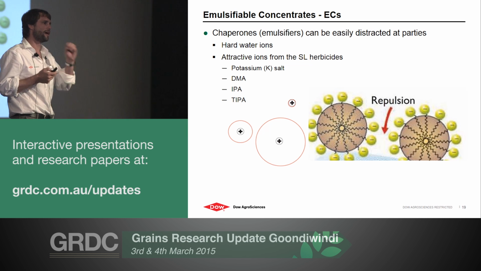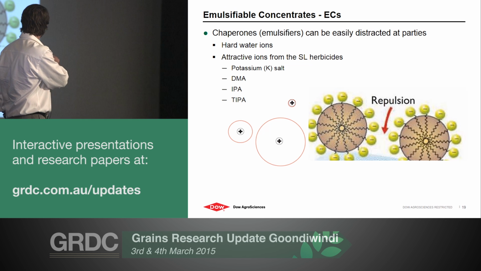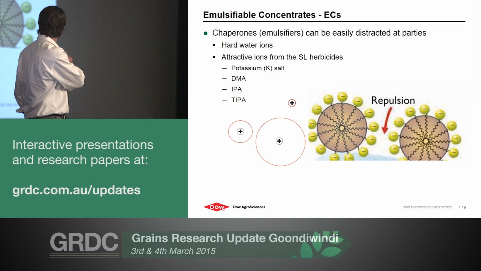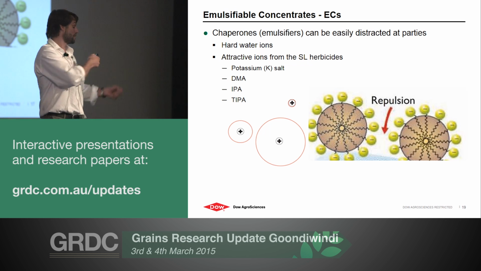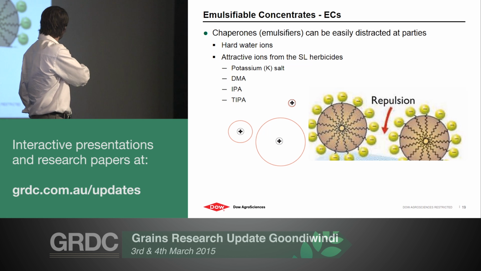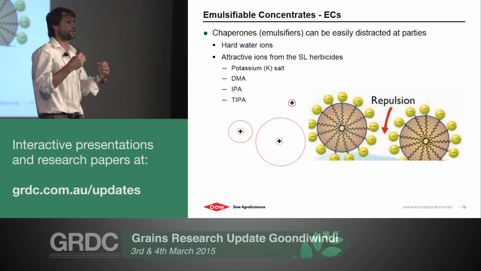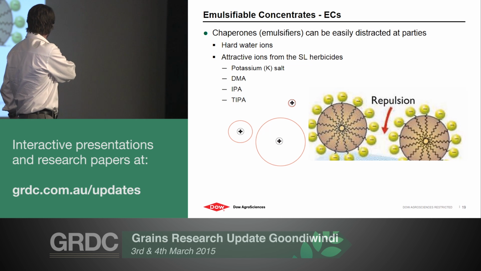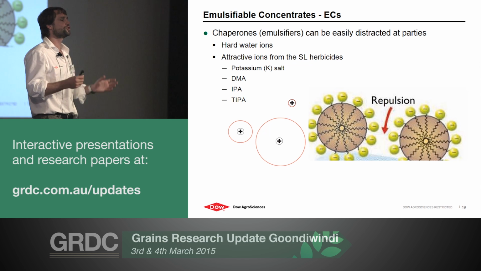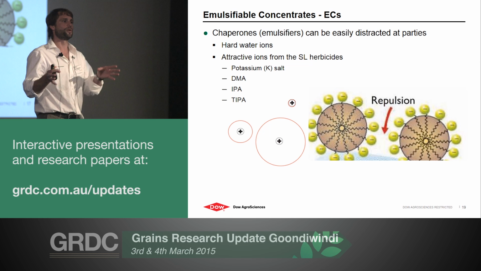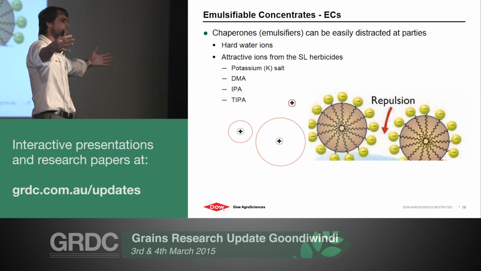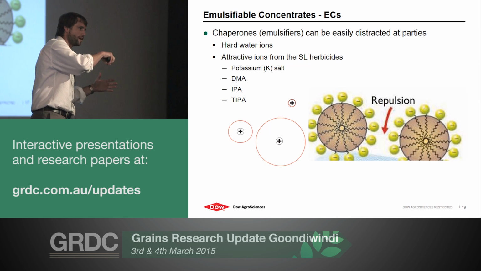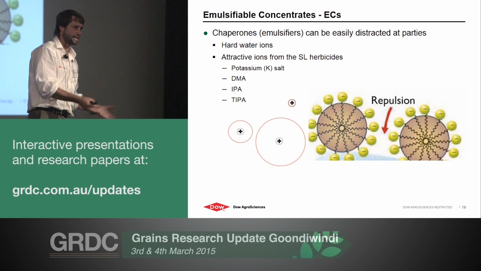Now the small little ions, whether it comes from the soluble liquids such as potassium salt, DMA, and IPA, will actually interact with this. And depending on the properties of these, you'll cause emulsions to break up. These are different sizes. So a TIPA salt is usually very easy to mix with an EC. It's a big molecule with the same charge in it, so it's got low charge density.